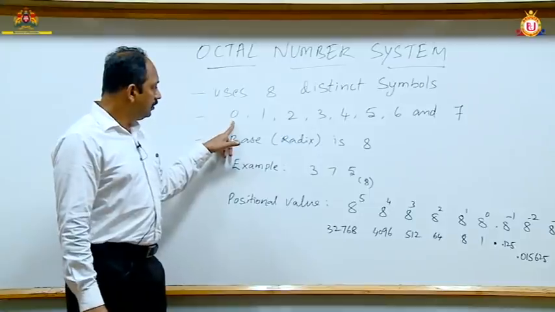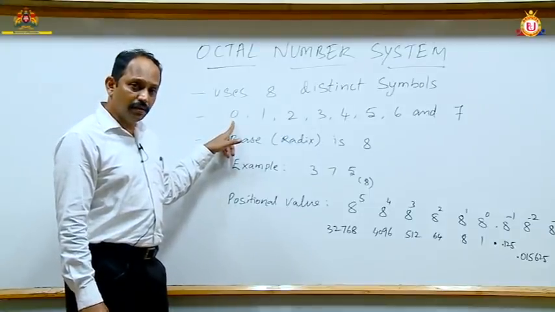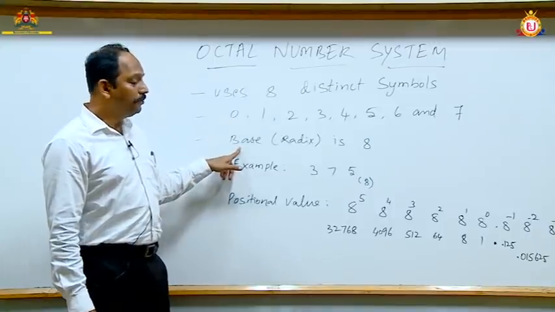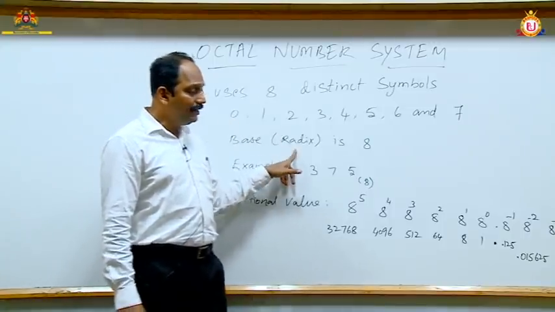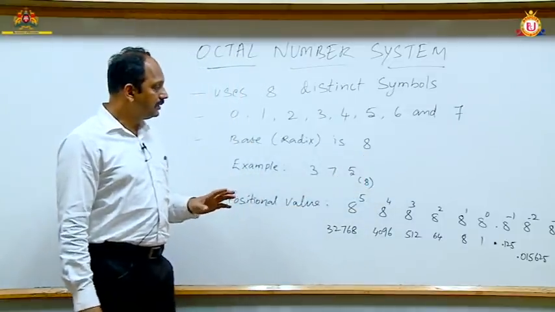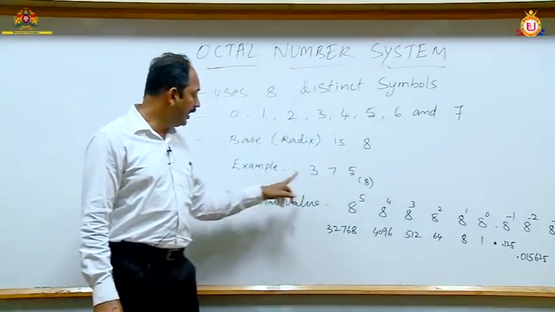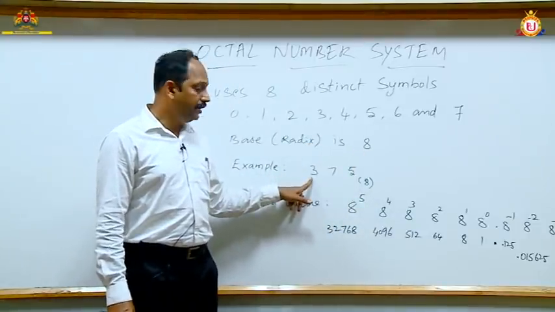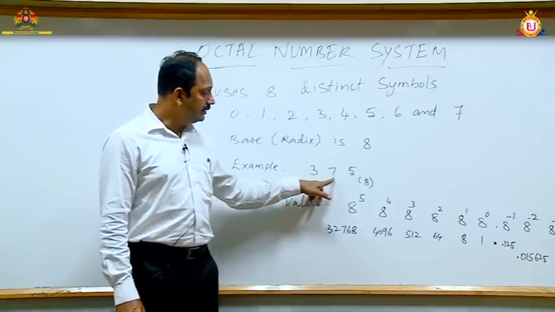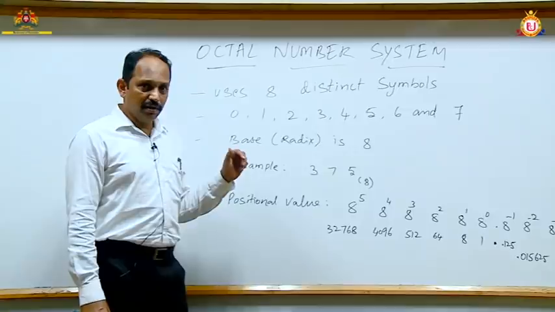Since there are 8 distinct symbols used in the octal number system, its base value or radix is 8. That is, every octal number is represented using a subscript of 8. As given in the example, I have given an octal number 375. This can be a decimal number also.